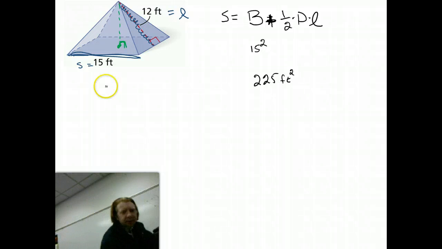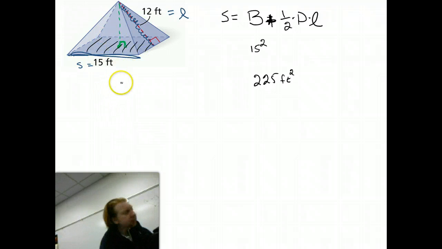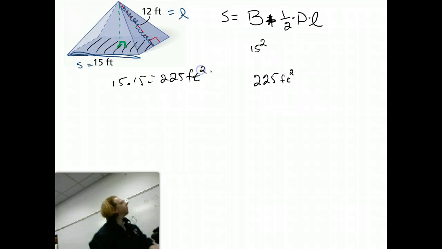Now that I got by just saying that this base down here, right along there, is 15 by 15, or 225 square feet, because it's a square.